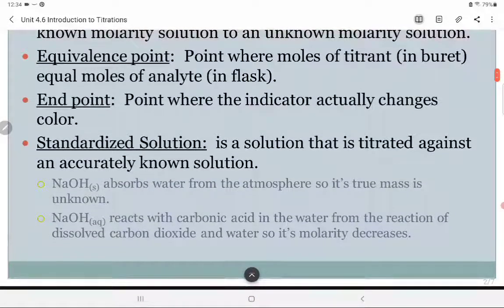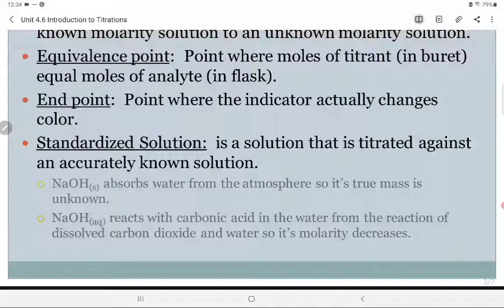Another vocabulary term that's going to be very, very important is standardized solution. Sometimes you think you might have made a solution correctly, but out of your control, there are some conditions that apply that, again, are out of your control. And so we have to do something called standardized solution.